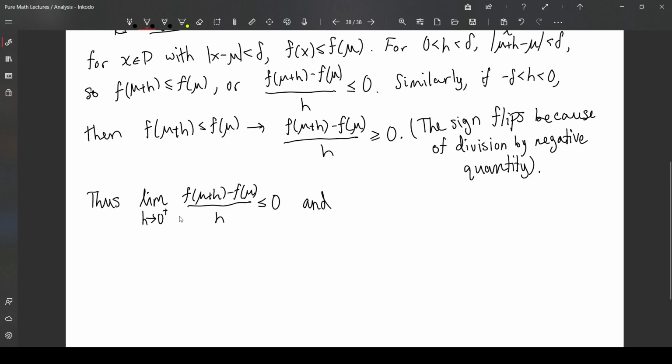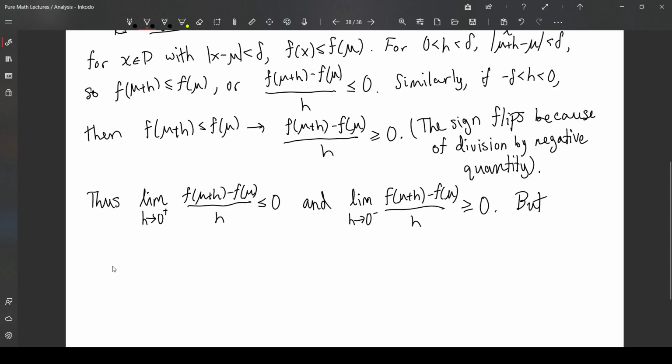And so as we go from the right-hand side, the limit is less than or equal to 0. And as we go from the left-hand side, the limit is greater than or equal to 0.